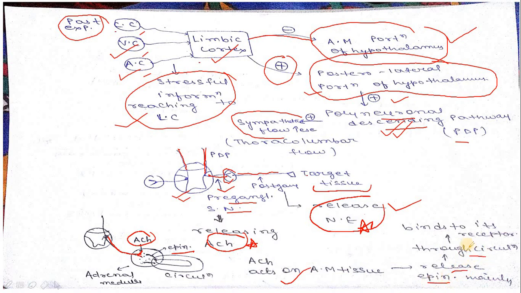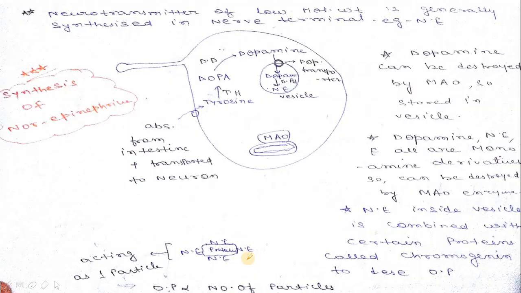Through circulation, epinephrine binds to its receptors. So basically, activation of the posterolateral portion of the hypothalamus releases norepinephrine at the nerve endings, and the adrenal medulla releases epinephrine. Clear? Now moving to the next slide.